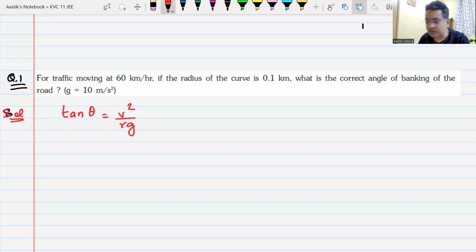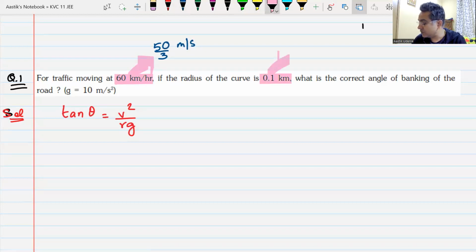Remember, everything has to be in SI units. So you have to convert this 60 kilometer per hour into meter per second. Do you remember how to do this? Multiply by 5 by 18. So it will come as 50 by 3 meter per second. Yes or no? And you have to convert this kilometer into meters.